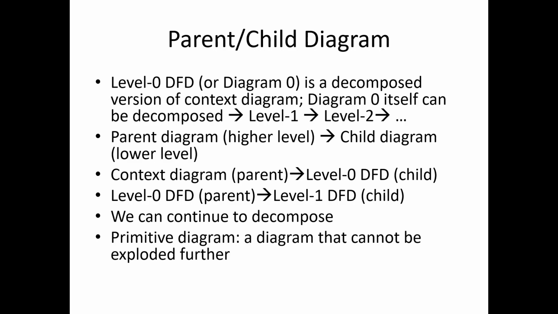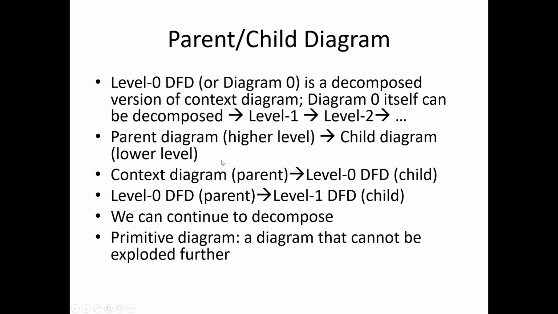Just now we have decomposed the context diagram into a level 0 diagram to show more detailed information. If the level 0 diagram is still not detailed enough, we can decompose it into level 1 diagrams, and the level 1 diagrams into level 2 diagrams, and so on and so forth.